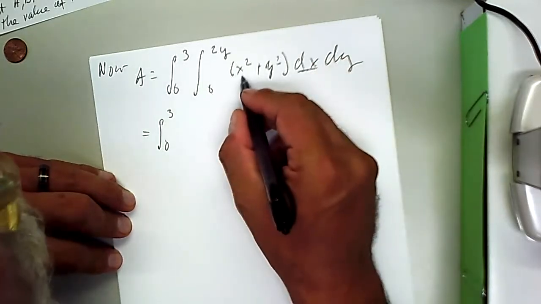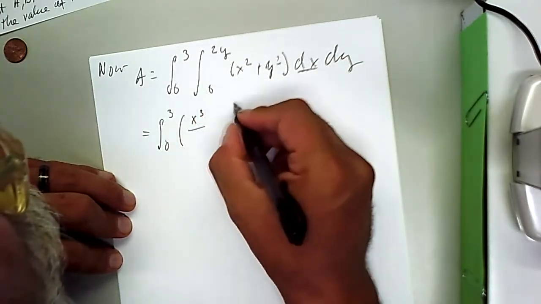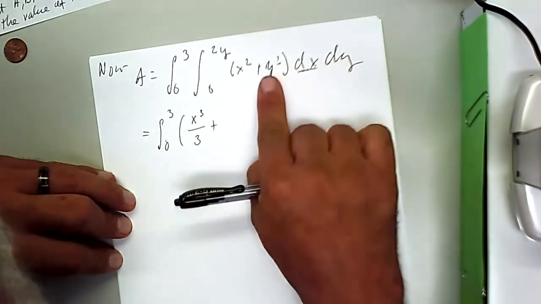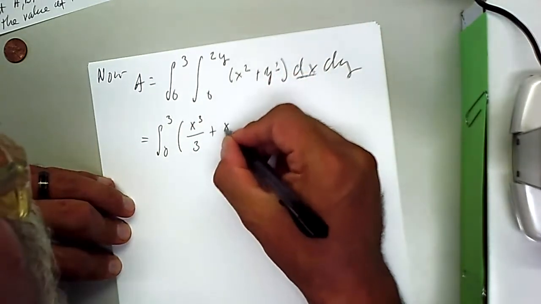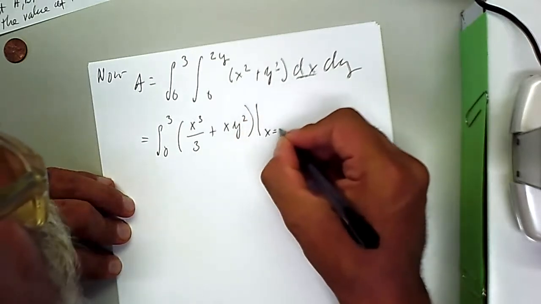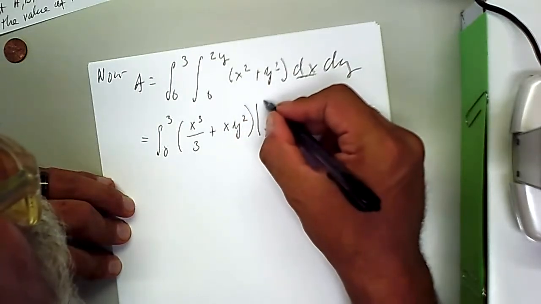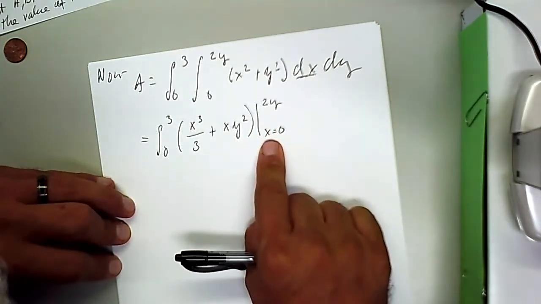So we have x cubed over 3 plus, now that is a constant with respect to x, so we have x y squared, as x goes from 0 to 2y. So this establishes what we're going to plug in.